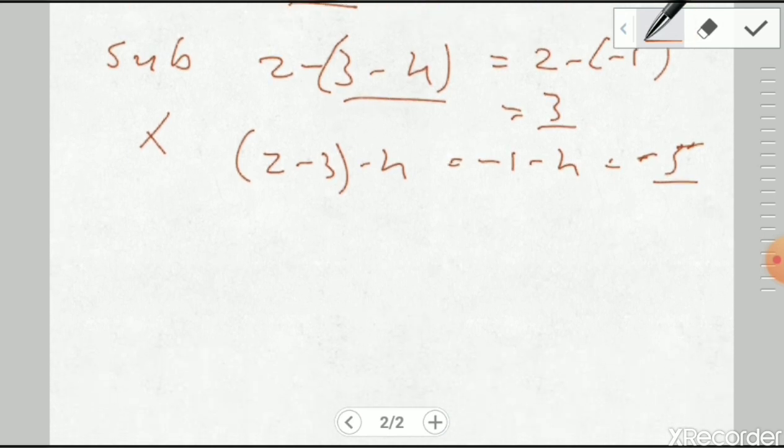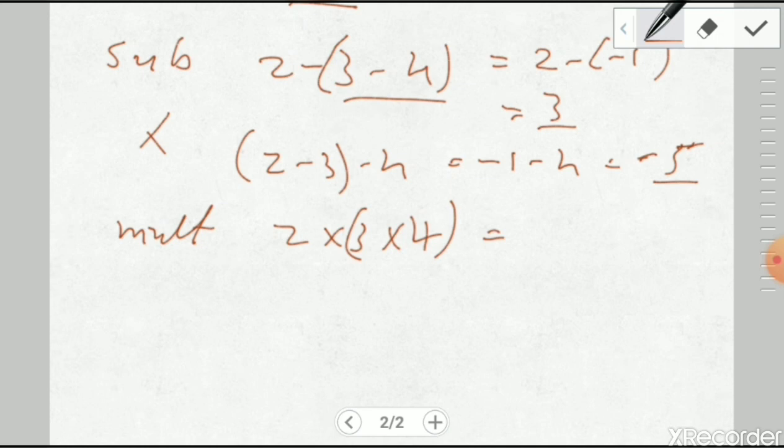We can perform the same task for multiplication. 2 into 3 into 4, and association for the 3 and 4, so 2 into, the answer of this bracket is 12, so 24.